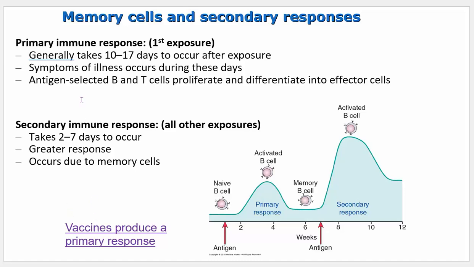Now, I will say when you are vaccinated, vaccinations produce that primary response. So you get vaccinated because you haven't been exposed yet, and it will produce these B cells or these plasma cells, these memory B cells. It'll produce those, so if it ever shows up again, it's there.